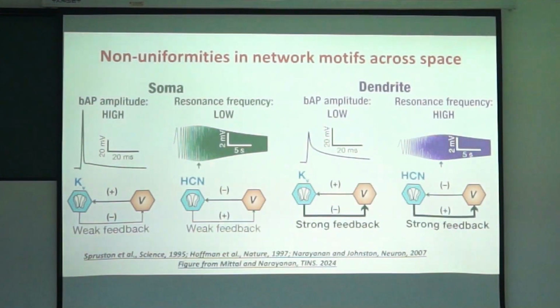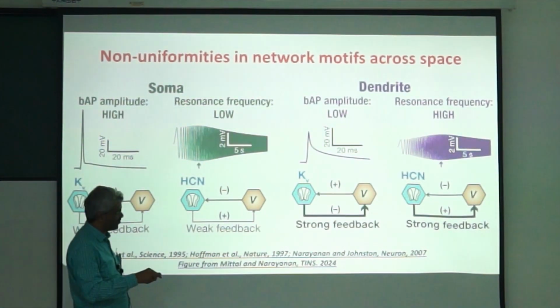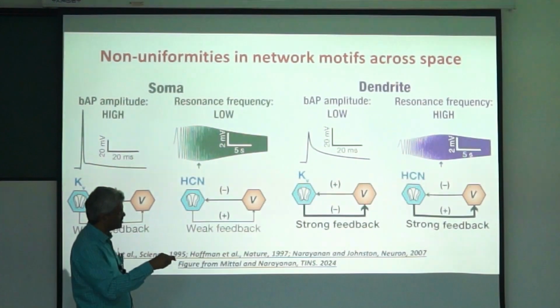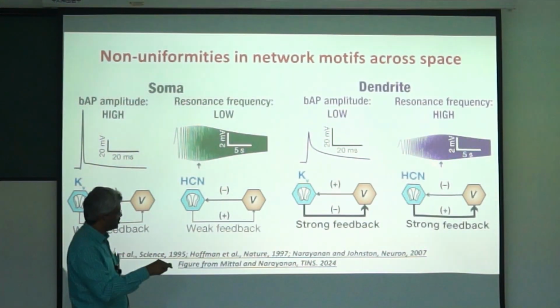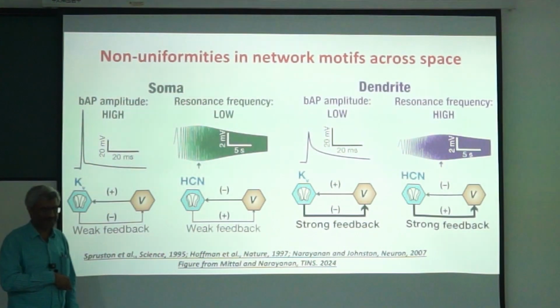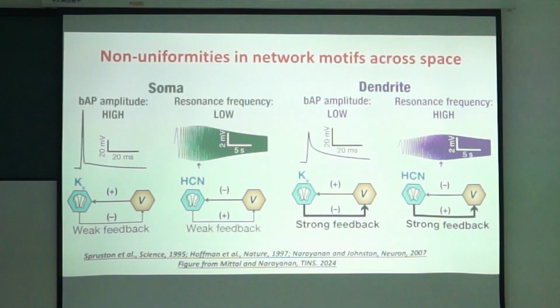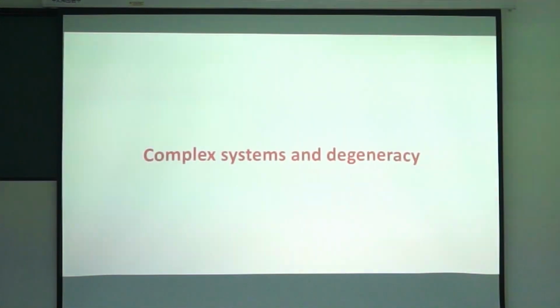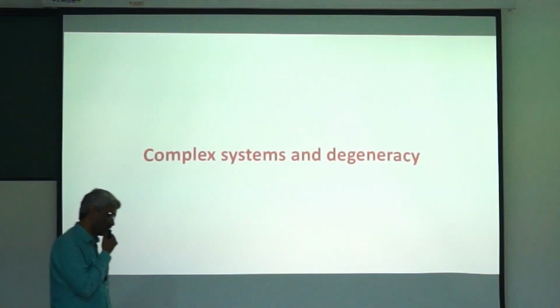Here the resonance is weaker because this is weak feedback. Here on the other hand, the density of these channels is higher, and therefore the feedback is stronger, the suppression is stronger, and therefore the resonance shifts towards the right. So even within a single neuron, you have differential expression of these motifs and their strengths, and even with reference to calcium, that is true.